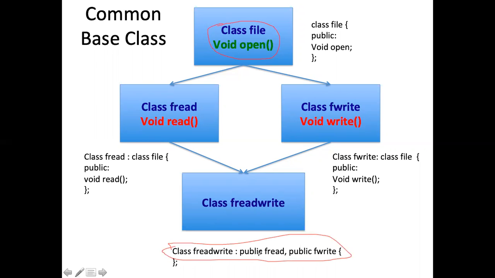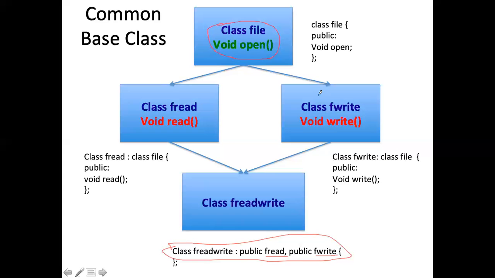You are actually again inheriting publicly from fread, and you are inheriting publicly from fwrite. Fine. अच्छा, fread की पेरेंट क्लास जो है वो क्लास फाइल है, और fwrite की भी जो पेरेंट क्लास है वो क्लास फाइल है. ठीक है.